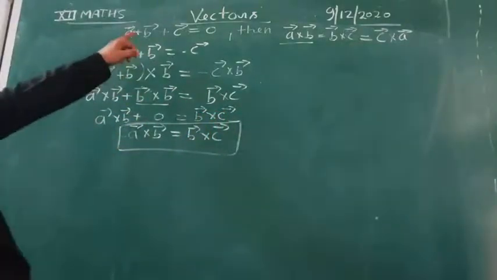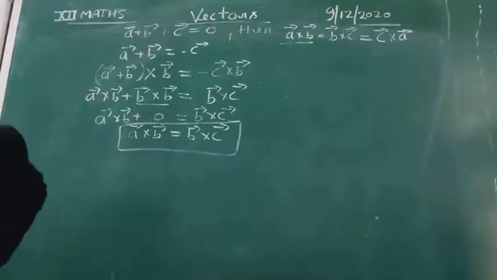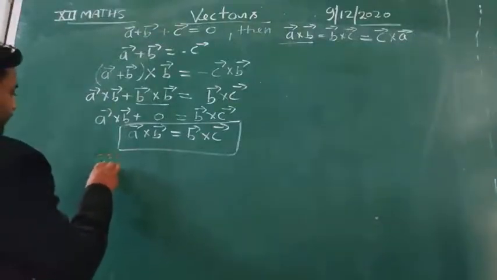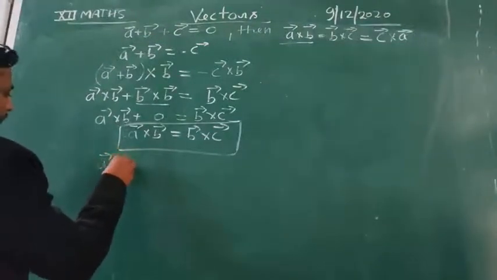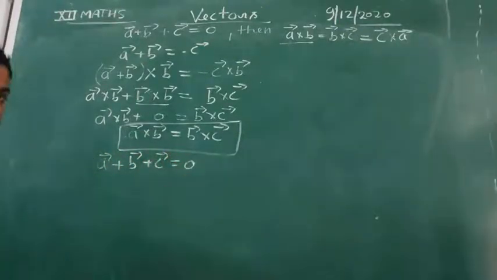Now we will take again this, and we will take cross product with C. Okay, students. So let A plus B plus C, this is equal to 0.